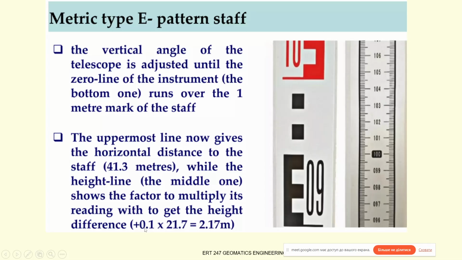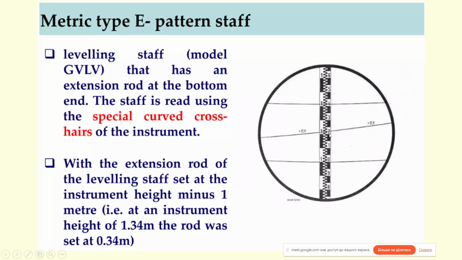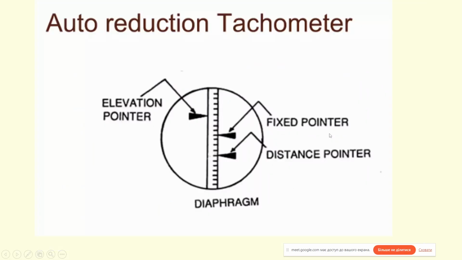Plus 0.1, we just multiply to the reading 21.7, it means 2.17 meters, as you can see in the picture.